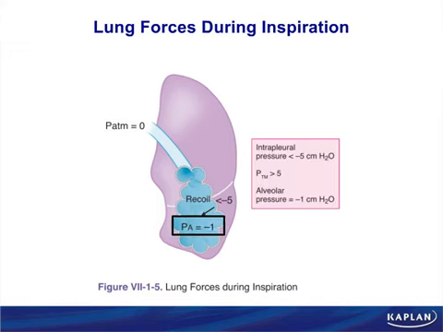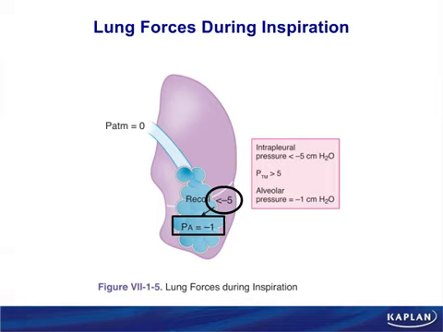Okay, so now let's breathe in. We know the direction of the forces, etc. Now what we're going to do is contract skeletal muscle and pull the chest up and out. By pulling the chest up and out, interpleural pressure becomes more negative. It may go from, say, -5 to -8.